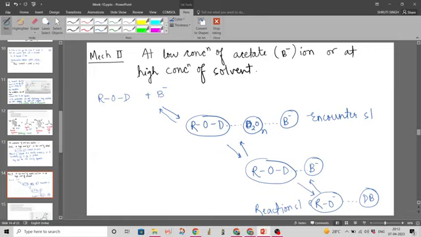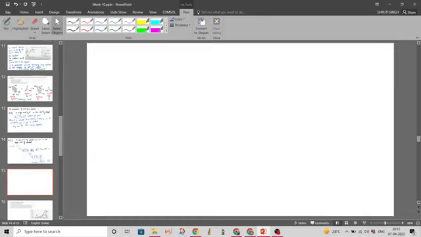So in this mechanism, when the proton is released, we get the photobase.